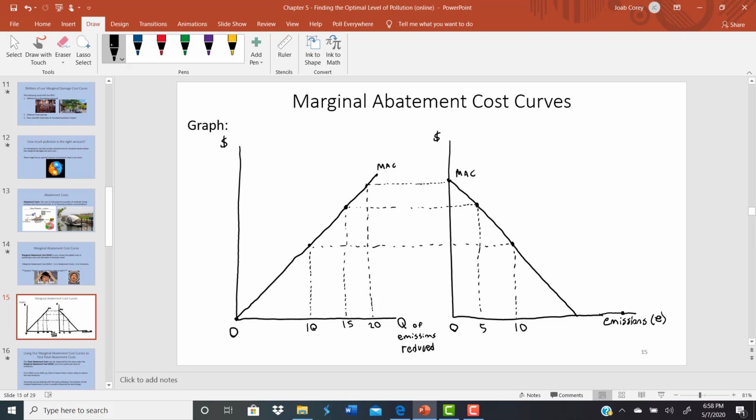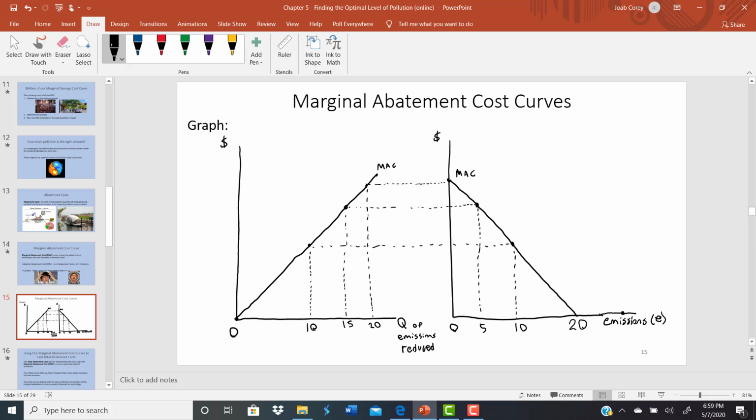And of course, if we don't take away any emissions out of the 20 possible, then we're left with the maximum number of emissions, which is 20, right? So again, this graph on the left is just a mirror of the graph on the right. If you were to fold that graph over from the left to the right, then you'd see, again, that they pretty much overlap.